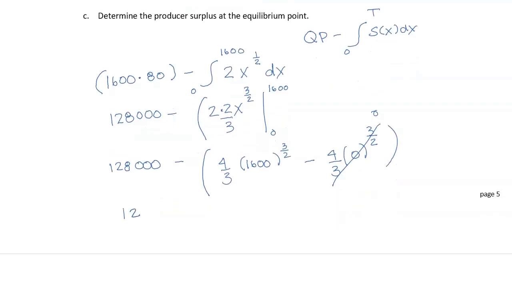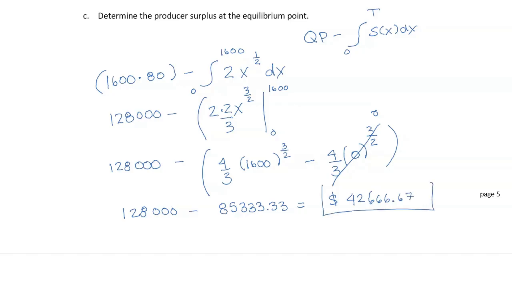So I'm left with 128,000 minus $85,333.33. So I'm left with $42,666.67. This is the producer surplus. All right, there you go.